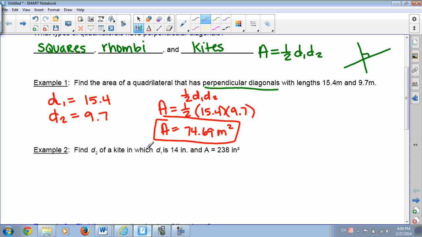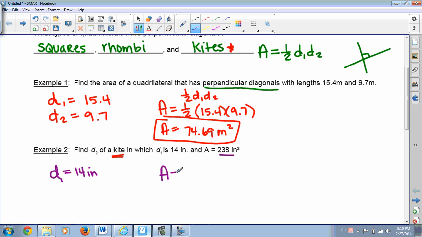Number 2, find the D2 of a kite. So remember, kite is one of the shapes that we can use 1/2 D1 times D2 on. So this time we don't know one of our diagonals, but we know D1 is 14 inches, and we know our area is 238 inches.